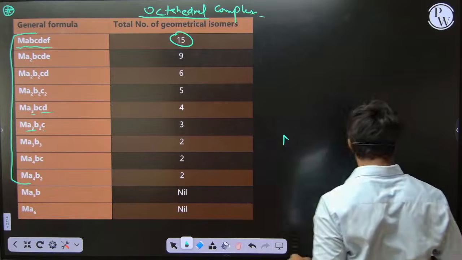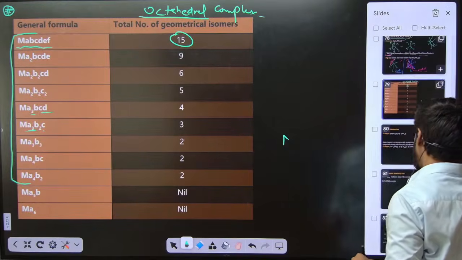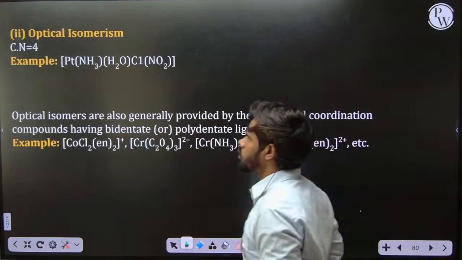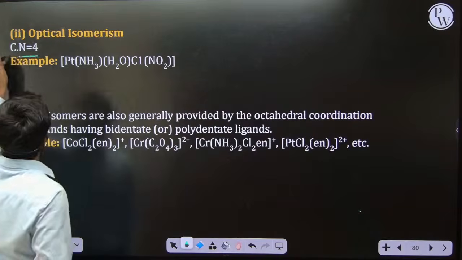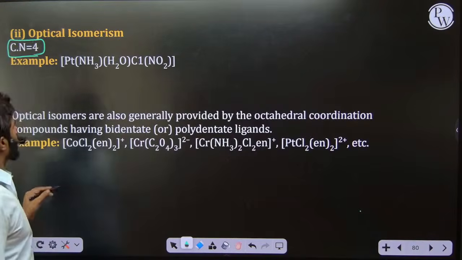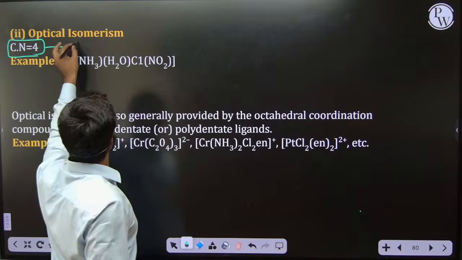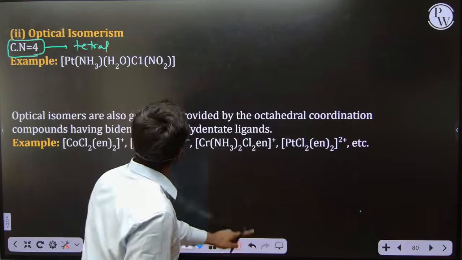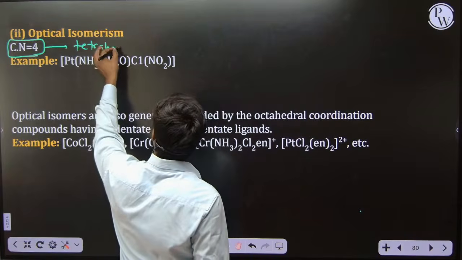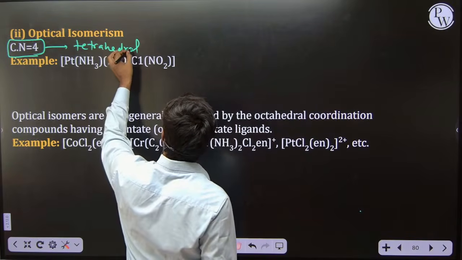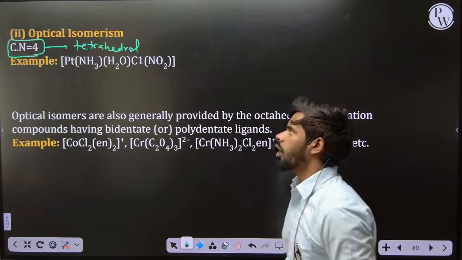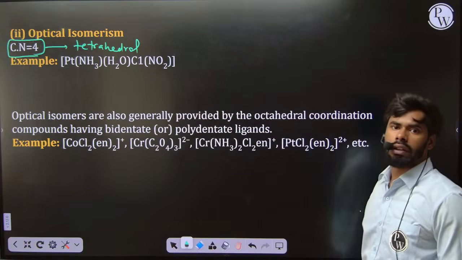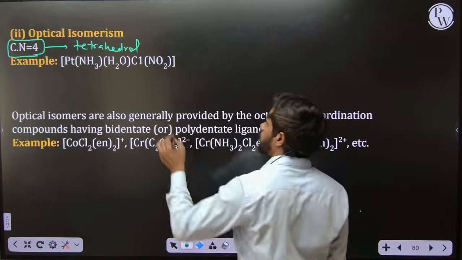Next is the optical isomer. Optical isomerism with coordination number 4 means we are talking about tetrahedral. Only a tetrahedral complex can show optical activity. Square planar cannot show optical activity.